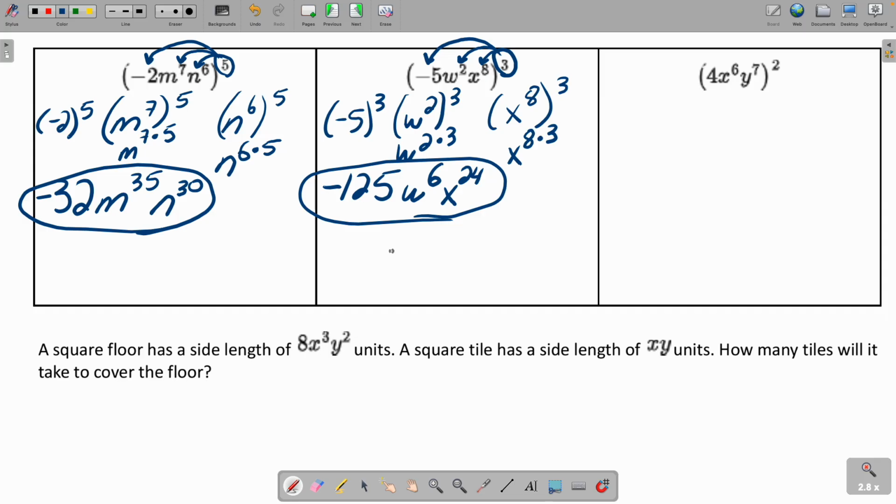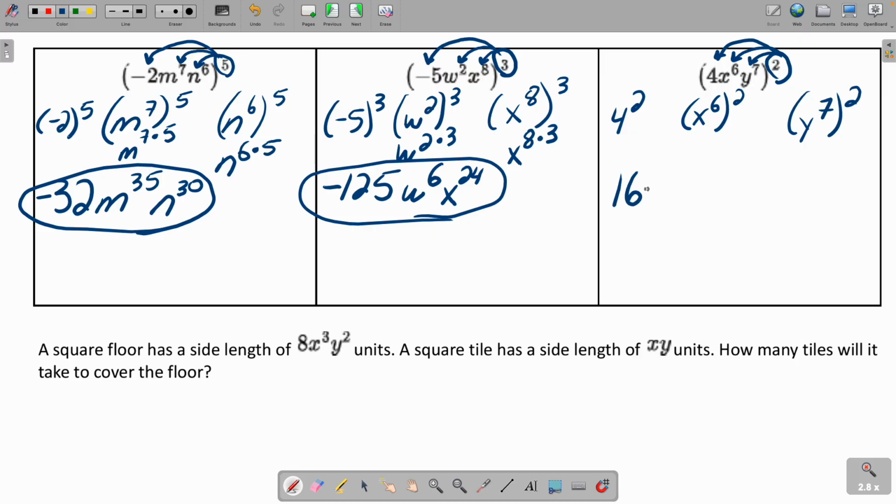Now for this last example that looks like this, we can apply this square. We're going to distribute this square throughout. So we're going to take 4 squared, then x to the 6th squared, and then y to the 7th squared. 4 times 4 is going to get us 16.